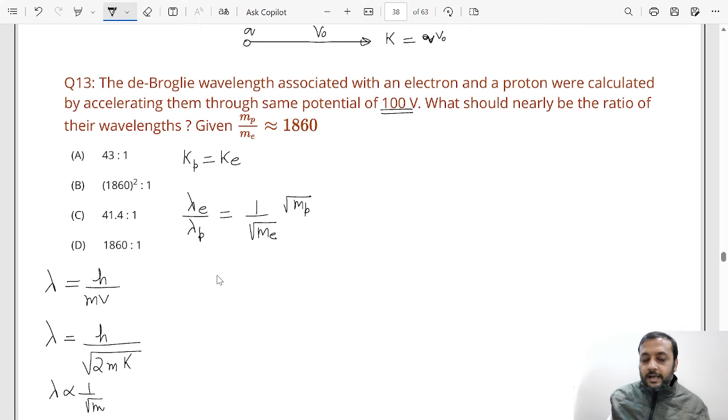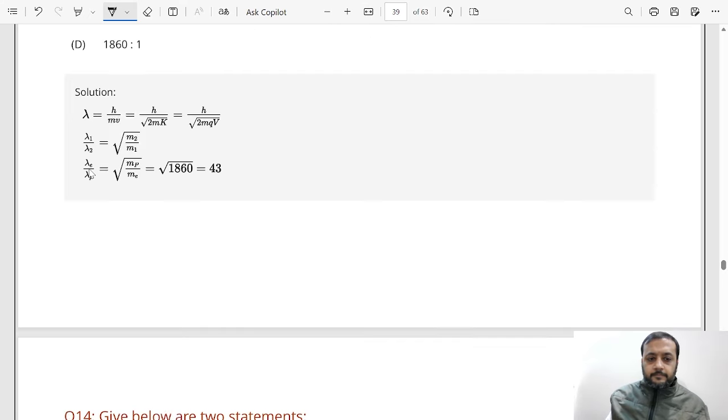That means this value will be mass of proton upon mass of electron, which is 1860 is to 1. Now under root of 1860, if you check, it will be nearly 43. This value is approximately 43. So option A will be the correct answer for this question.